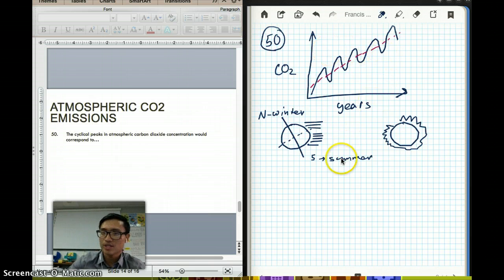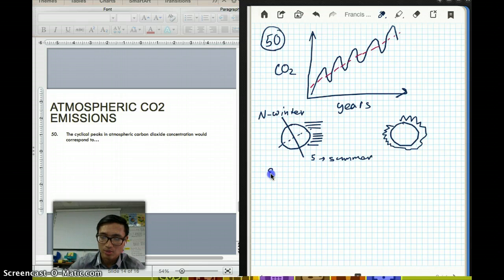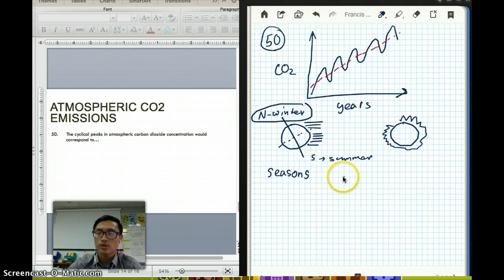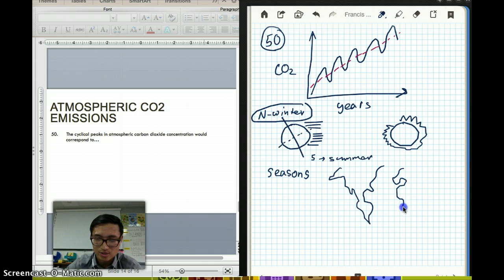So the reason I wanted to bring up the seasons is because when it's winter in the northern hemisphere, what you'll notice if you look at a map of the world is that the northern hemisphere has a lot more land, okay? So what does our northern hemisphere look like? Something like this. Now this is a really, really rough sketch, so you guys do not need to make fun of my drawing.